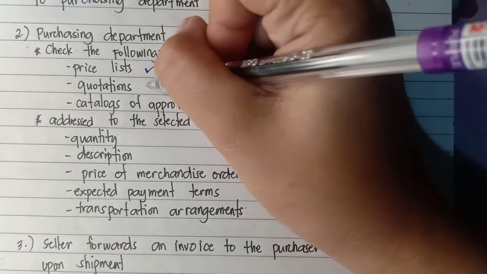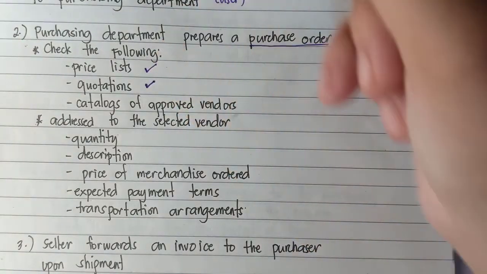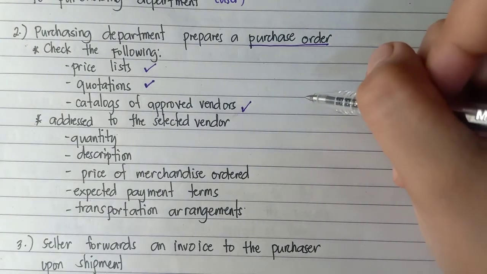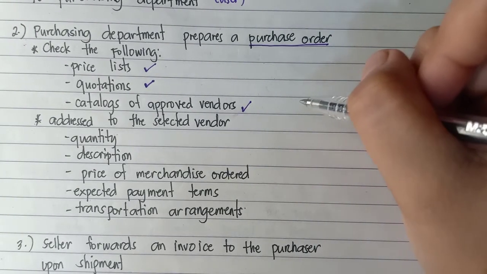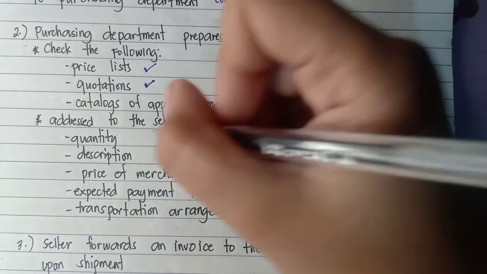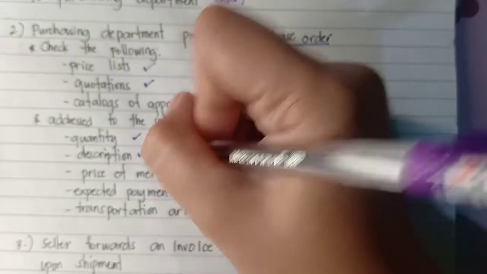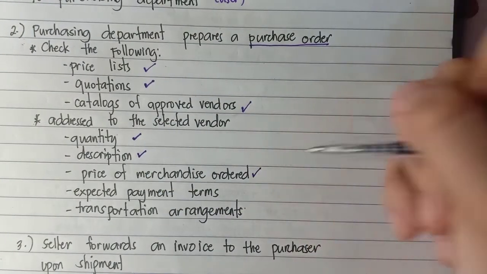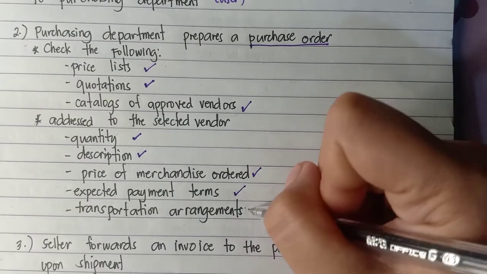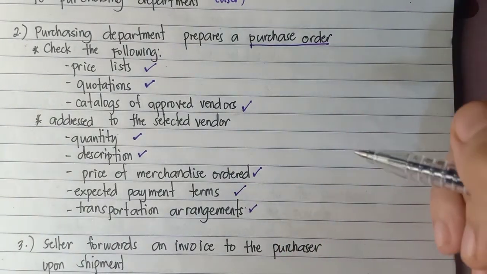First is the price list. Second is the quotations, then catalogs of approved vendors. Then it should be addressed to the selected vendor. Then it indicates the quantity, description, price of merchandise ordered, expected payment terms, and the transportation arrangements.